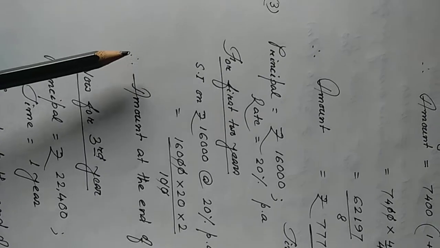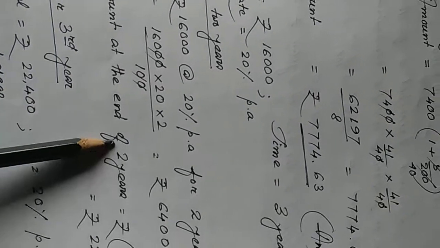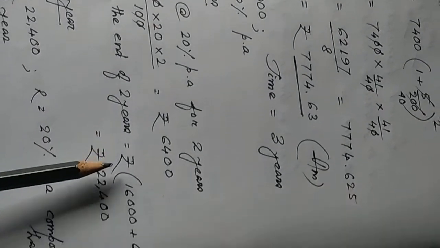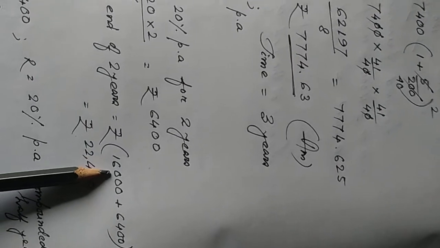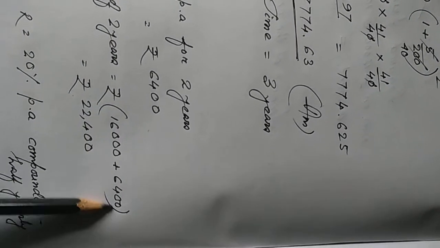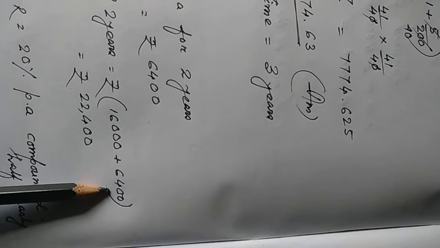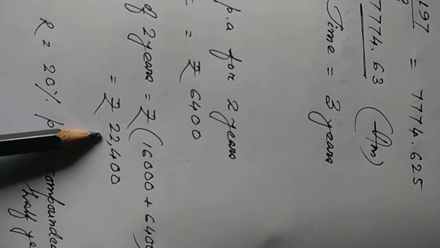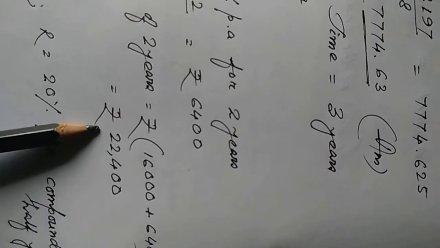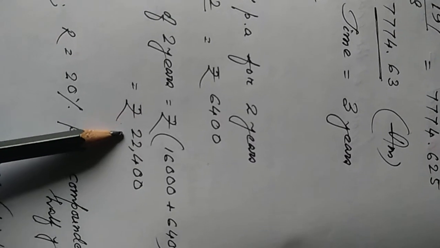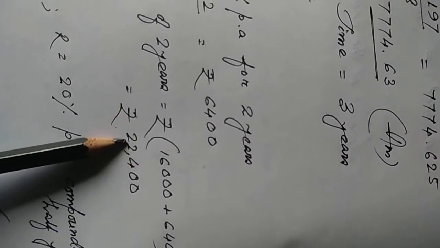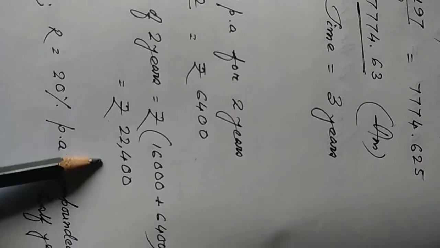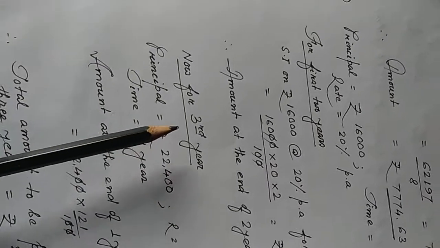So the amount at the end of 2 years will be rupees 16,000 plus 6,400, the simple interest. Taking the sum of these two, this becomes 22,400. And this 22,400 will be considered as the principal for the next year.